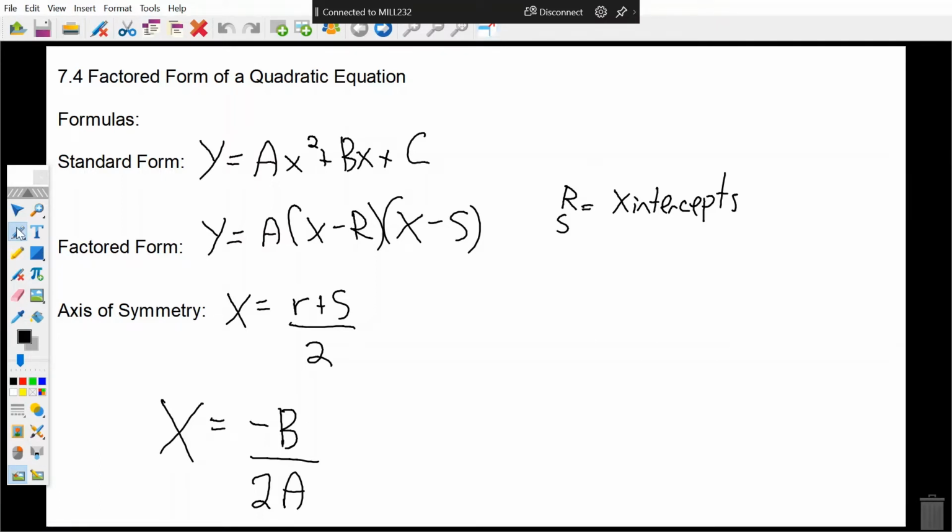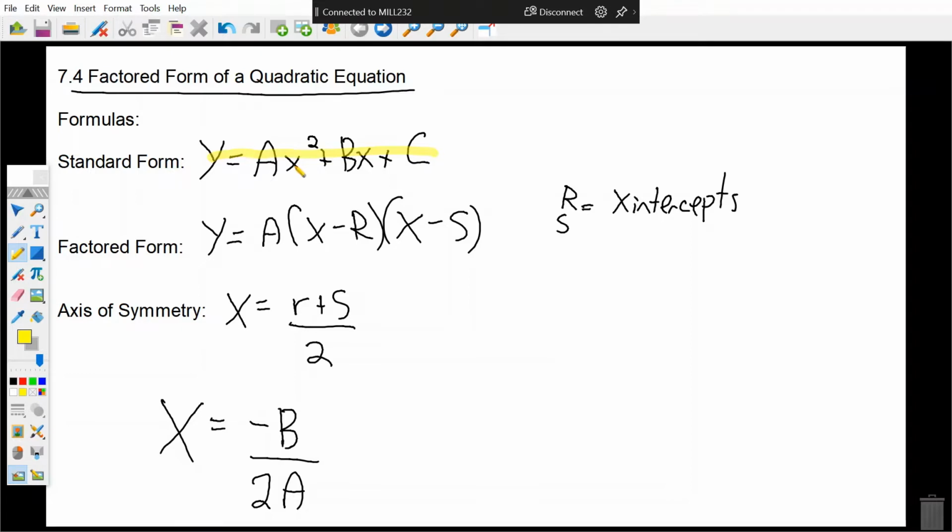Let's begin. So in 7.1 and 7.2, you worked with the standard form, which is y equals ax squared plus bx plus c. Today we're going to work with the second form of the equation, which is called the factored form.